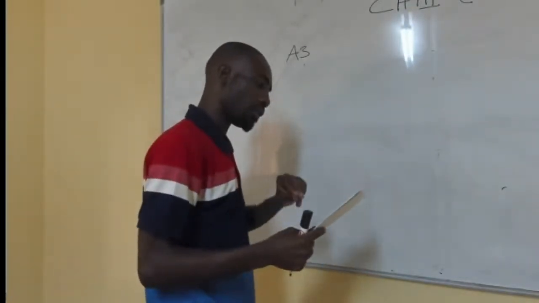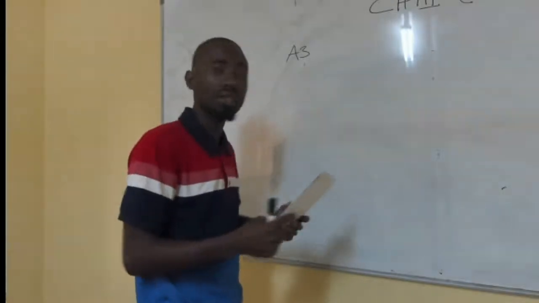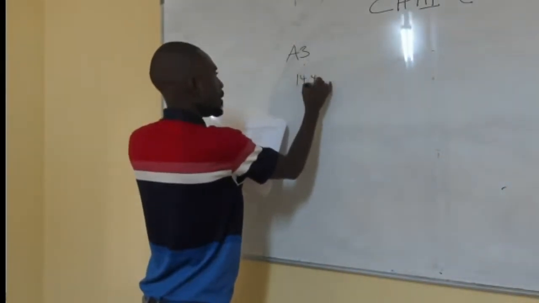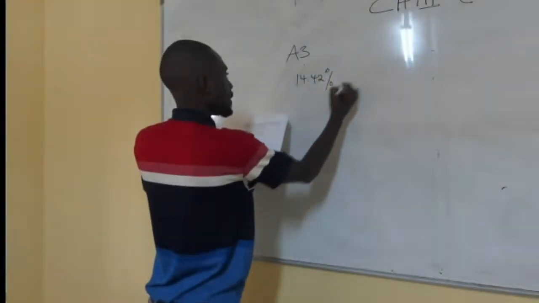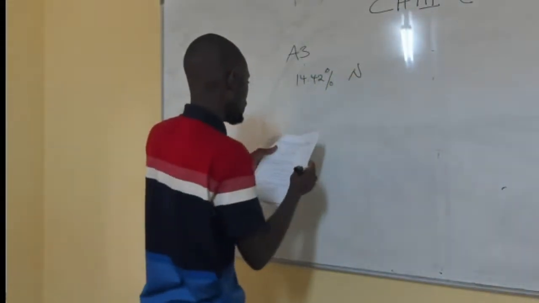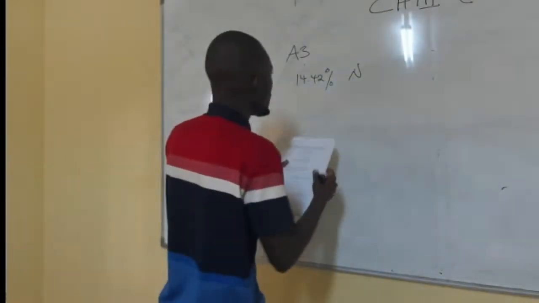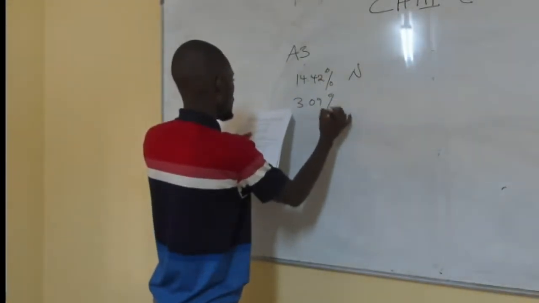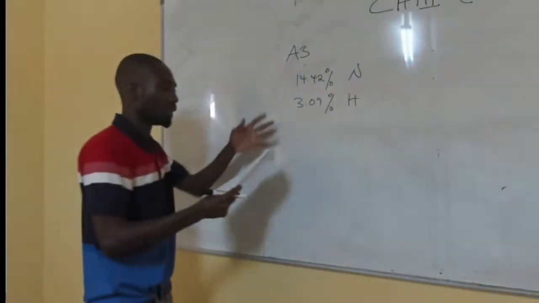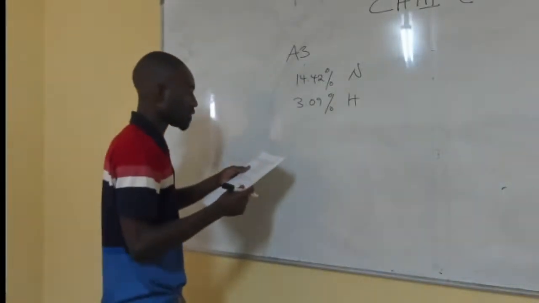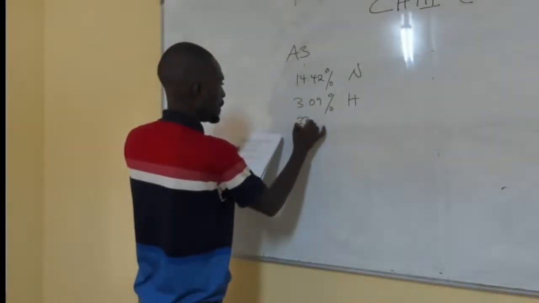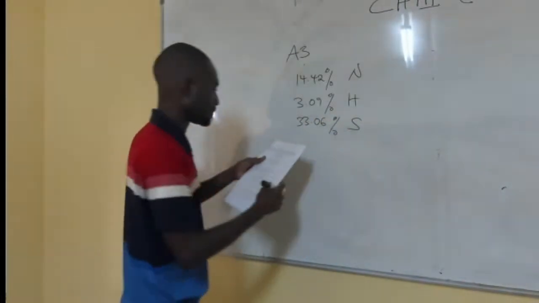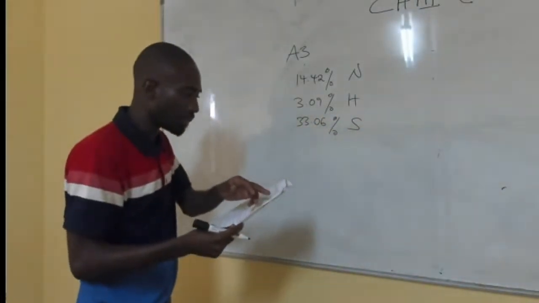Okay, it contains, so let's list them down: 14.42% of nitrogen. Then it consists of 3.09% of hydrogen. Then lastly, it consists of 33.06% of sulfur. Then they are saying the remainder.